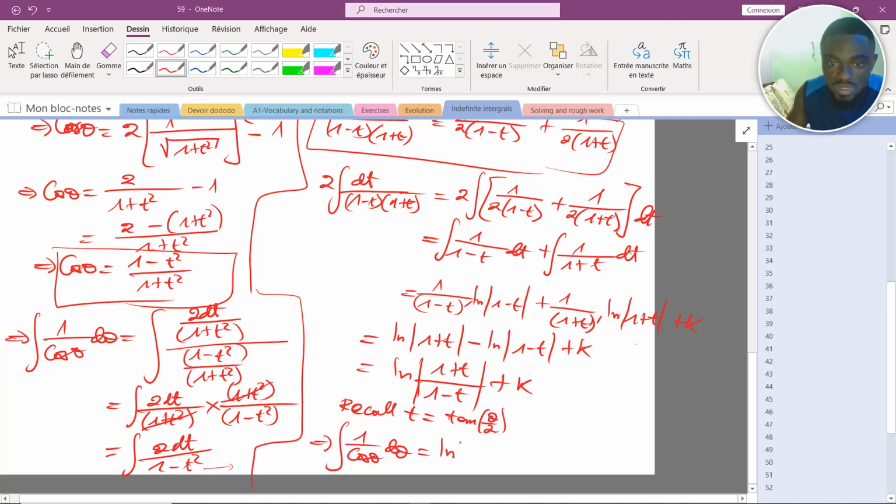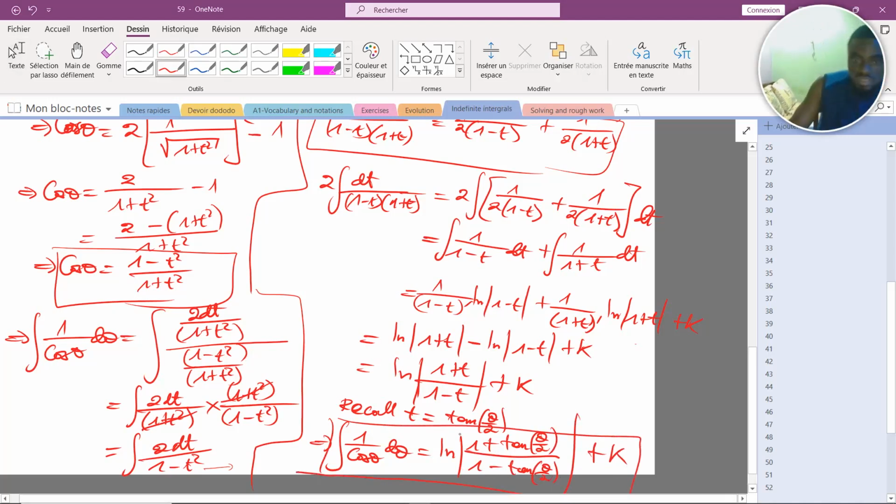So we will have ln of the absolute value of 1 plus tan theta on 2 all over 1 minus tan theta on 2 plus constant of integration. Are you getting? You could still be asked to leave your answer like this in some exercises. You will see that the integral of 1 on cos theta d theta will also be equals to this.